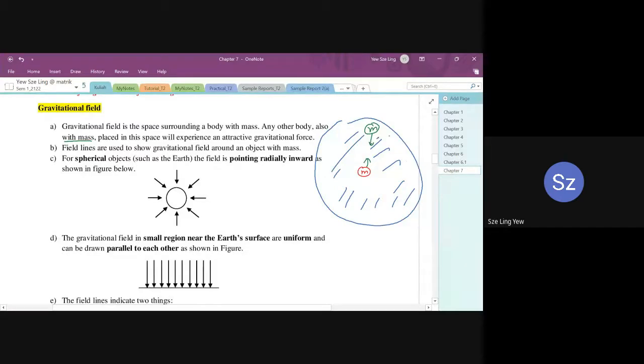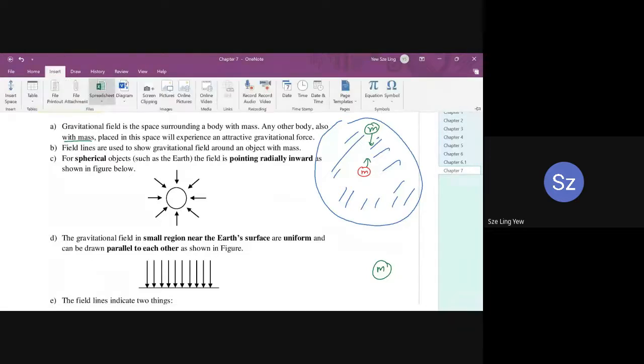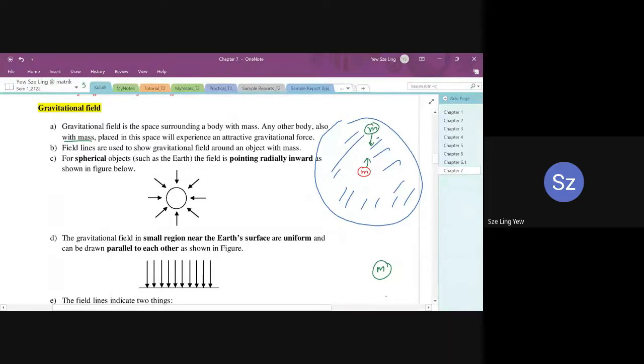But if you place the green mass far enough, for example here, then there's no gravitational force between the red mass and the green mass, because the green mass is not placed inside the gravitational field of the red mass. That is the difference. An object can feel gravitational force if you place it inside the gravitational field of the other mass. If it is outside the gravitational field, then it won't feel anything. There's no force between them.